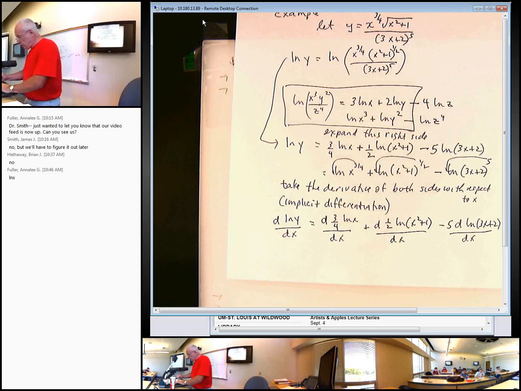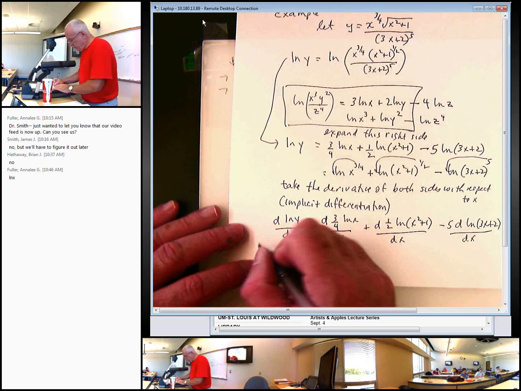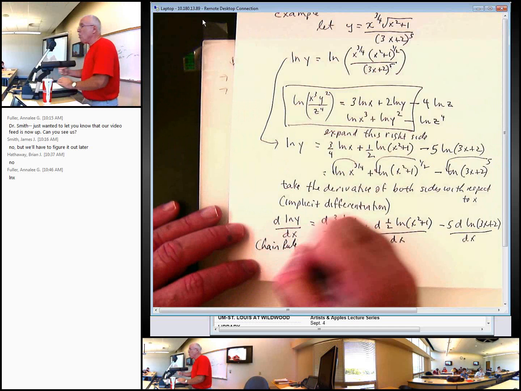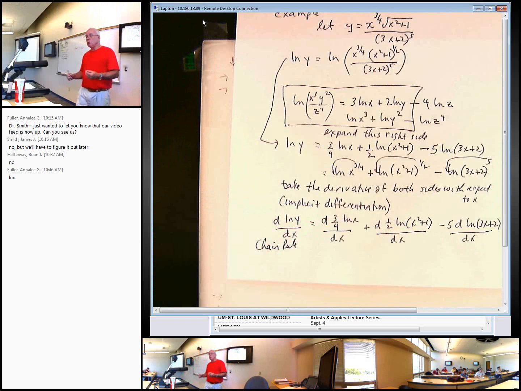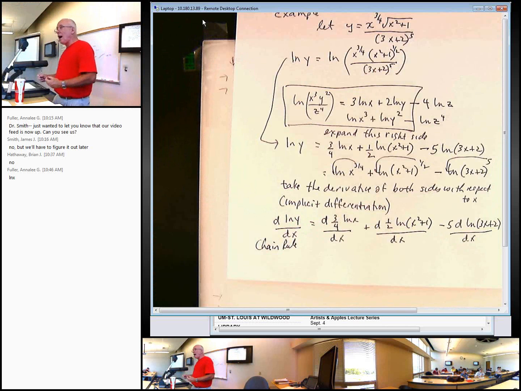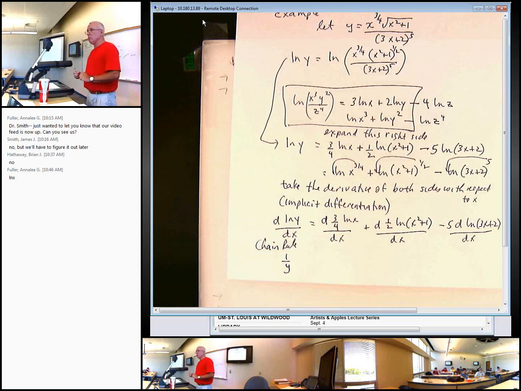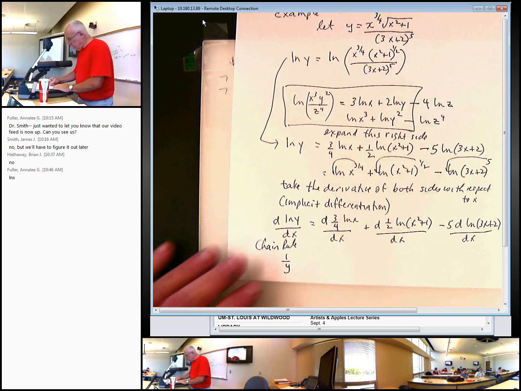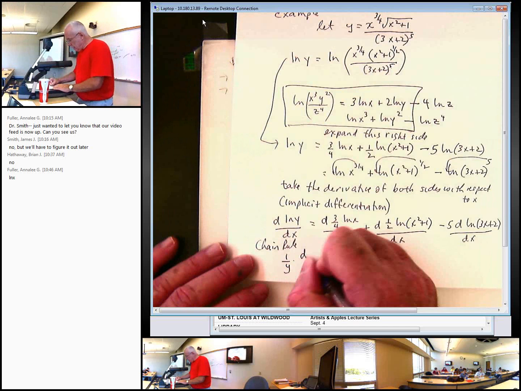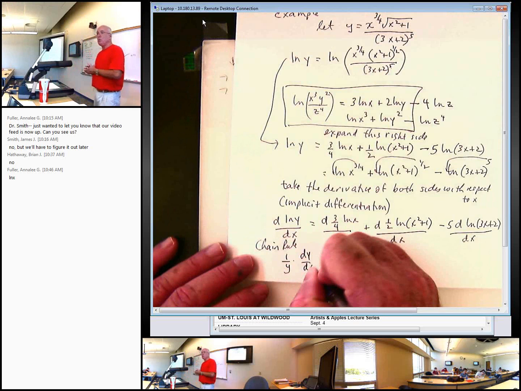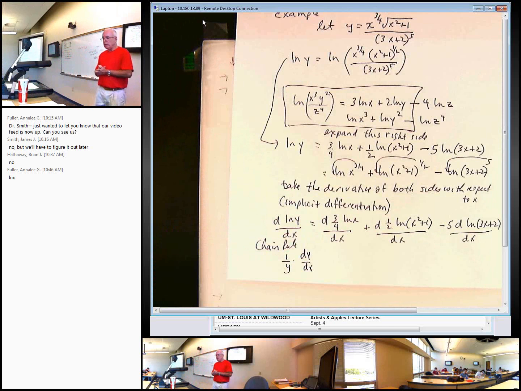Okay? All right, now let's figure out what the derivative of the natural log of y is. We have to use the chain rule here. Well, we know that the derivative of the natural log of y with respect to y is 1 over y. But then we have to multiply it by dy/dx for the chain rule. Okay?